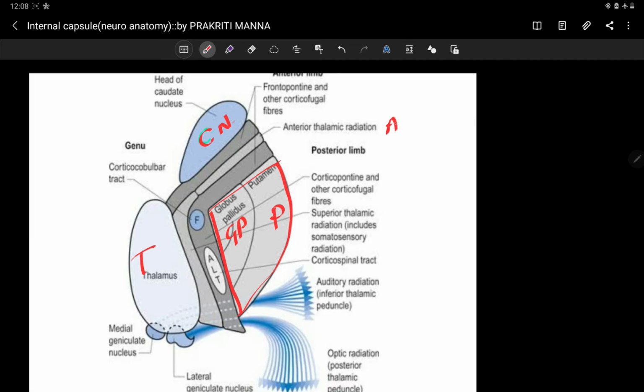This is the anterior limb of the internal capsule, this is the genu, and this is the posterior limb. In horizontal section you generally cannot see the sublentiform part. So this is the basic plan.